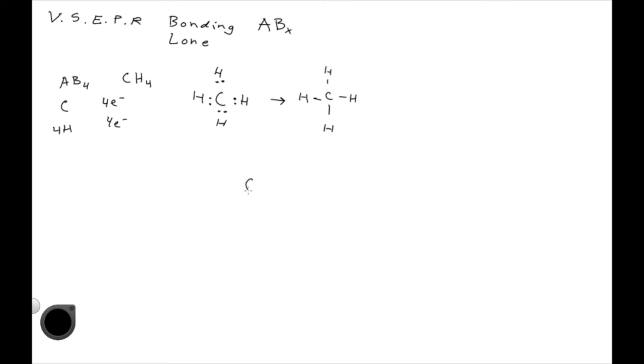So if we were to redraw our molecule in 3D space with the correct angles between them, it will look something close to this. And between each of these bonds, there's going to be 109.5 degrees. We call this shape a tetrahedron, right?